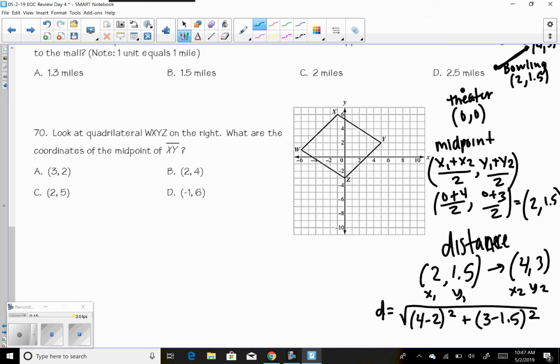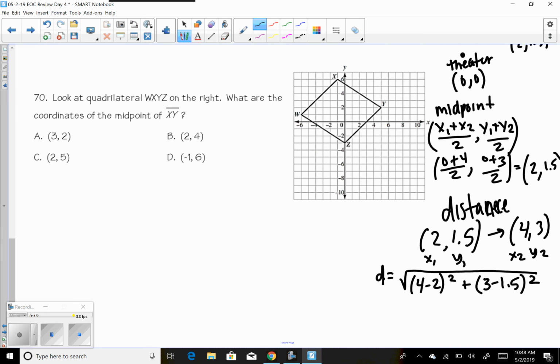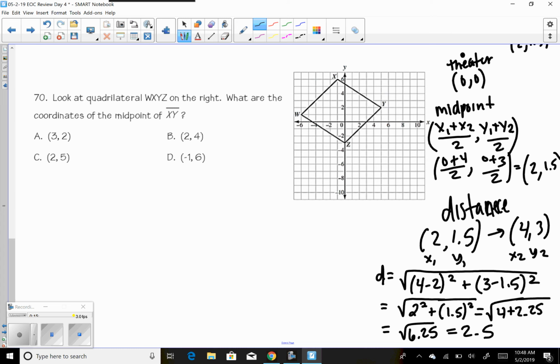So this is the square root of 4 minus 2 is 2, 2 squared, plus 3 minus 1.5 is 1.5 squared, right? So that is 4 plus 2.25. So it's the square root of 6.25 when you add them, which is going to give you 2.5. So it's 2.5 units.